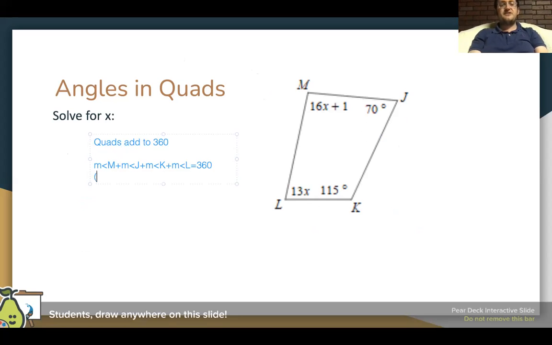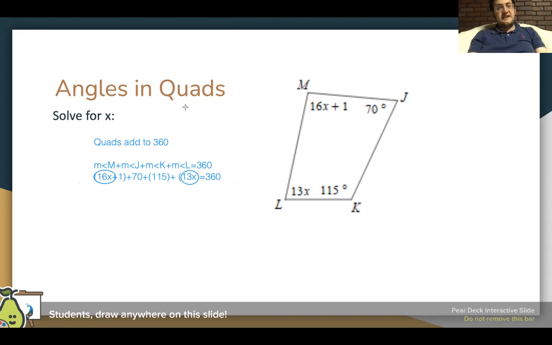And then I could just substitute in everything. So I got 16x plus 1, and then J is going to be 70. And then I have for K 115. And then for L, I have 13x. And I would just combine like terms. If you want to practice combining your like terms, I like to circle.